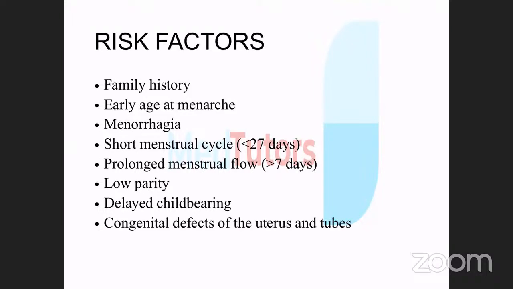Similarly, low fertility and delayed childbearing, which means commencing childbearing at a younger age is more protective than delayed childbearing. In addition, women with congenital defects of the uterus and tubes are known to be at risk of endometriosis, such as those with transverse vaginal septum, cervical aplasia. They are all at risk of endometriosis. Next slide.